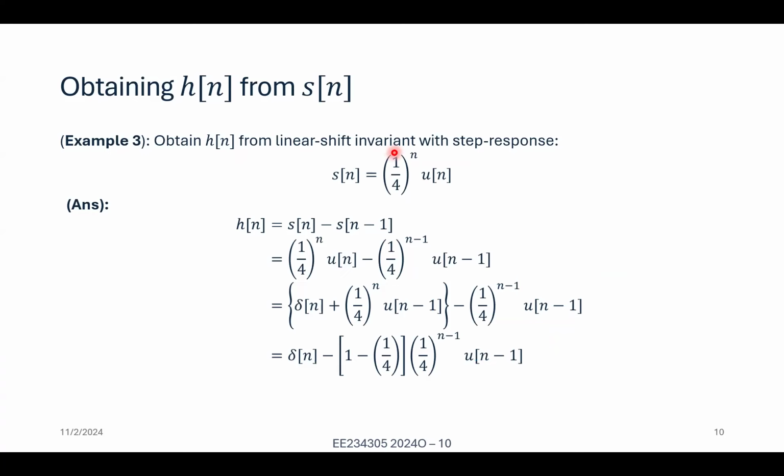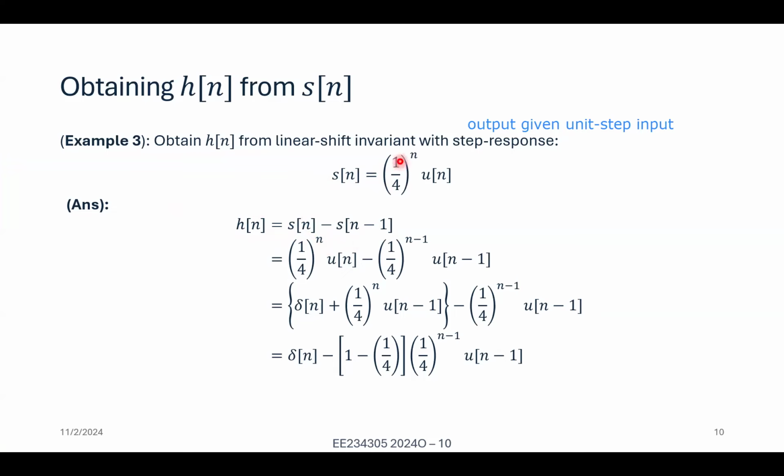So we obtain Hn from the linear shift invariant system with step response Sn equal to 1/4 to the power of n times un. So this is the step response of the system, which means the output given a unit step input. So this is Sn, and we can obtain the Hn, or the unit impulse, from Sn minus Sn minus 1.